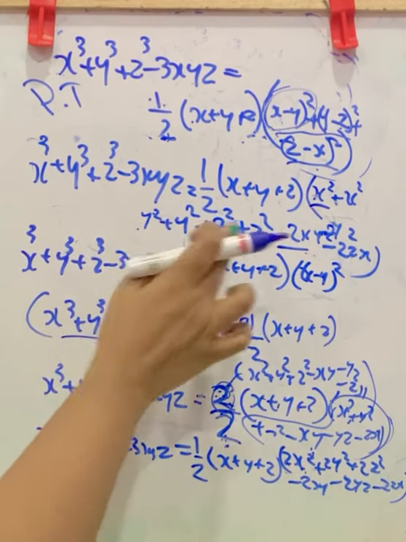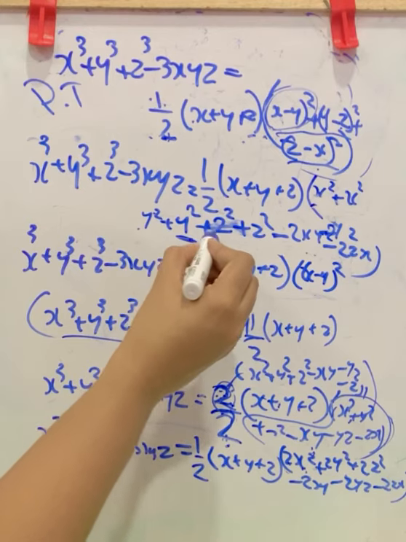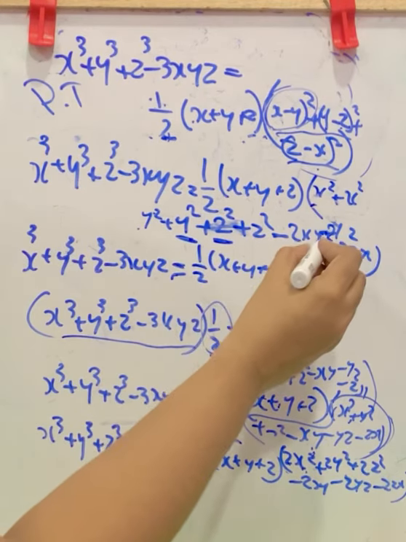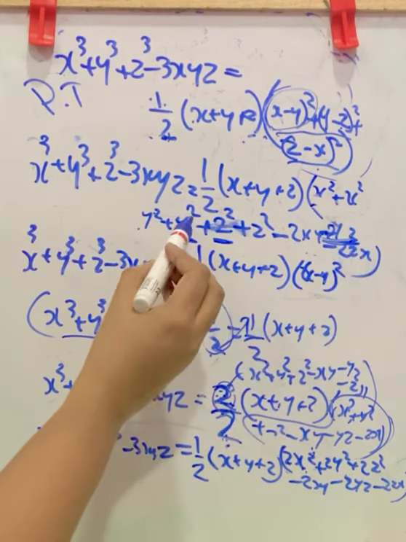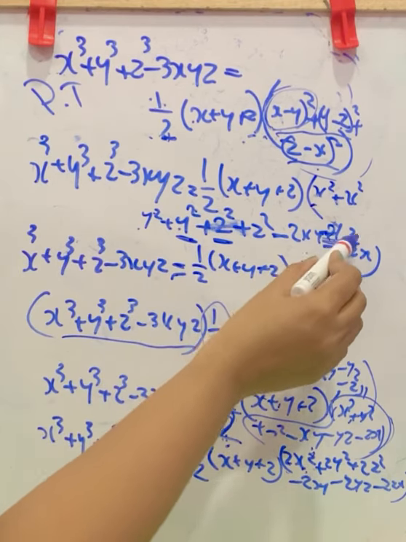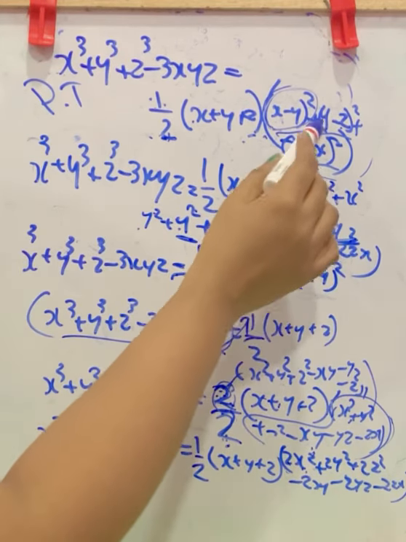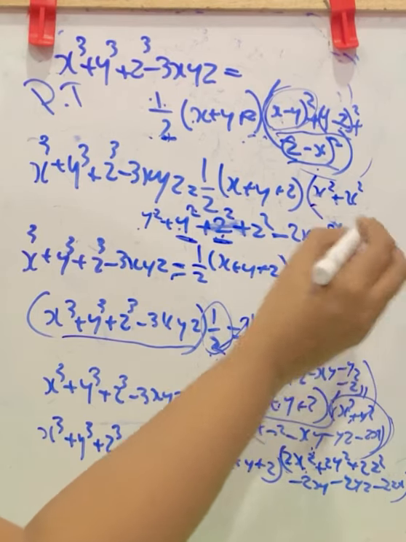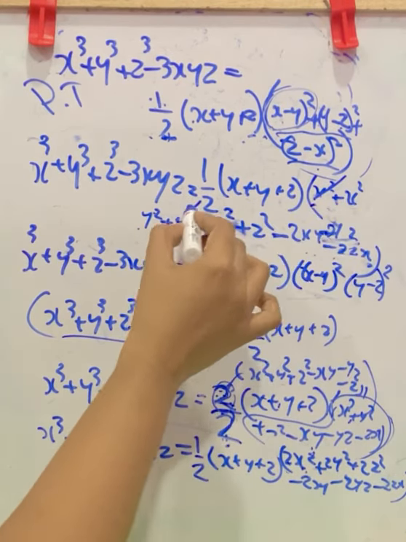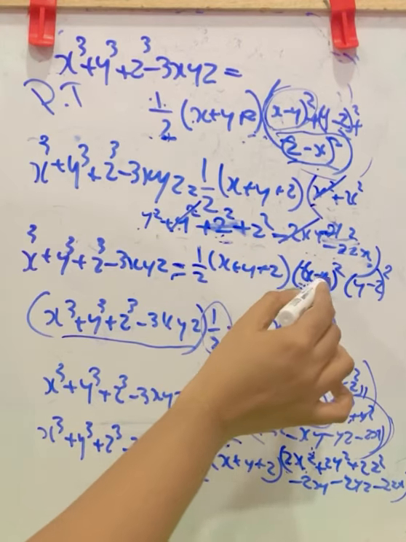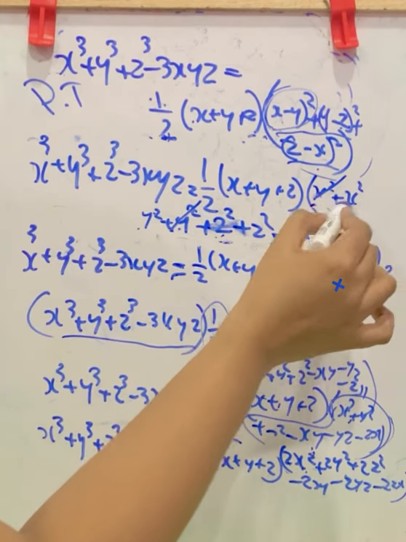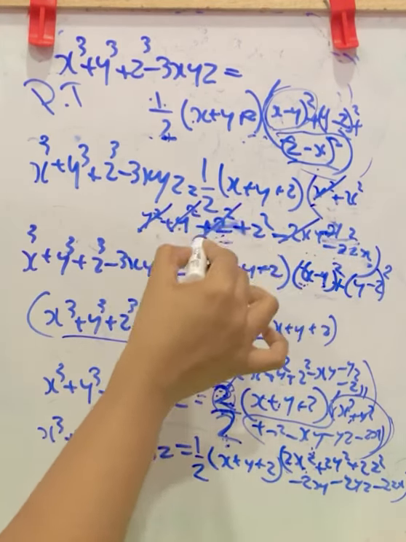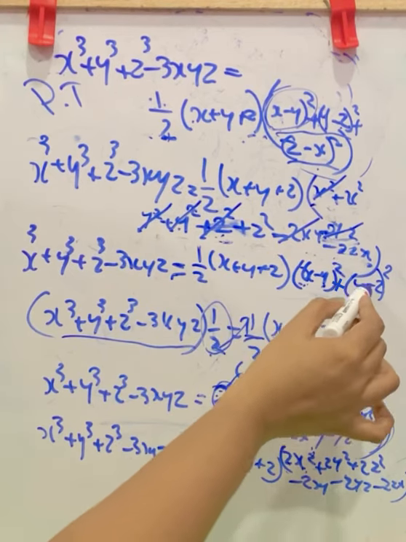Now next is this y square, this z square and this minus 2yz. That is y square minus 2yz plus z square, this identity, so we can write y minus z whole square.